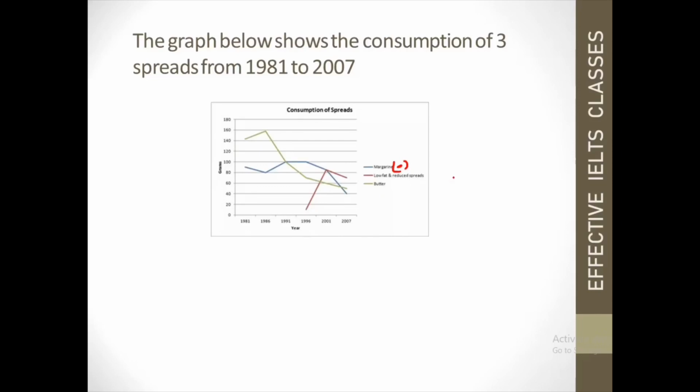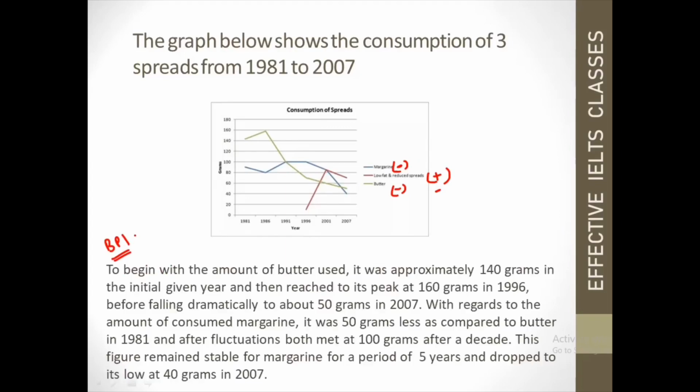For the low fat and reduced spreads, it increased, and for butter again it decreased. So we'll write the information of margarine and butter in our body paragraph 1, and low fat and reduced spreads in body paragraph 2. We'll do comparisons also wherever necessary.